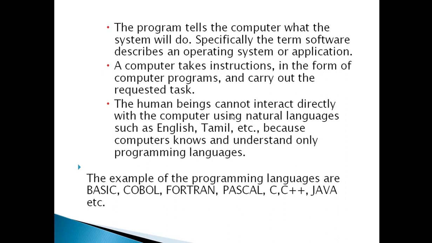Specifically, the term software describes an operating system or application. A computer task takes instructions in the form of computer programs. We feed the instructions to the computer in the form of programs, and then the computer will carry out the required task.